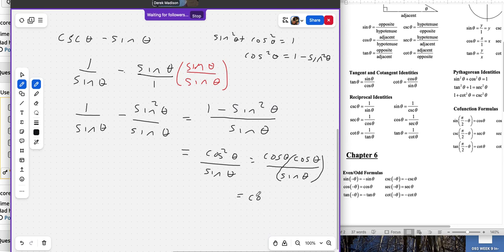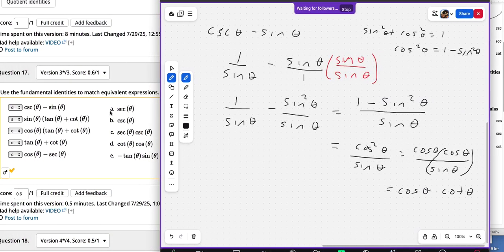So then I can write this as cosine theta times cotangent theta. And that makes me want to say, okay, I bet that's one of my choices. So cotangent cosine, it's right here, so this one would be D.